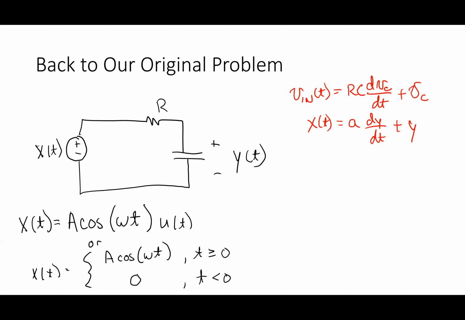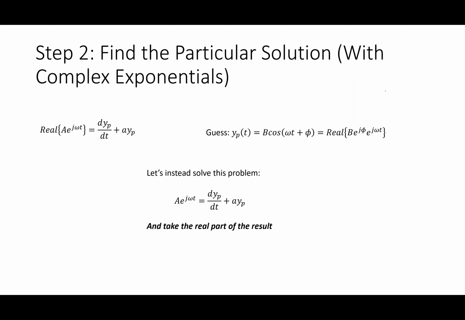But what I'm suggesting here is we said that we should guess that the particular solution is B cosine omega t plus phi. That's the same thing as guessing that it's the real part of B e to the j phi e to the j omega t.